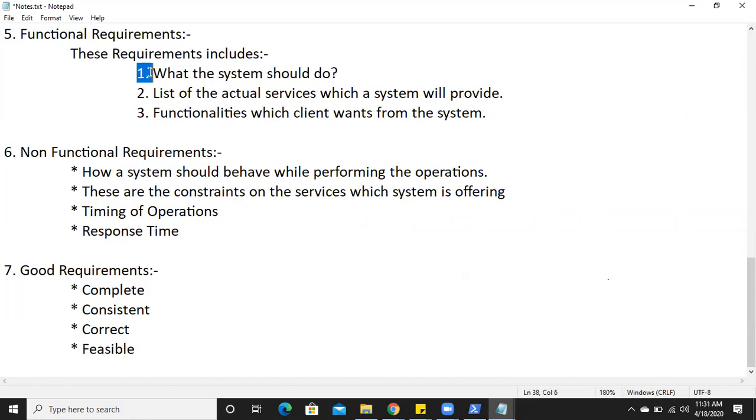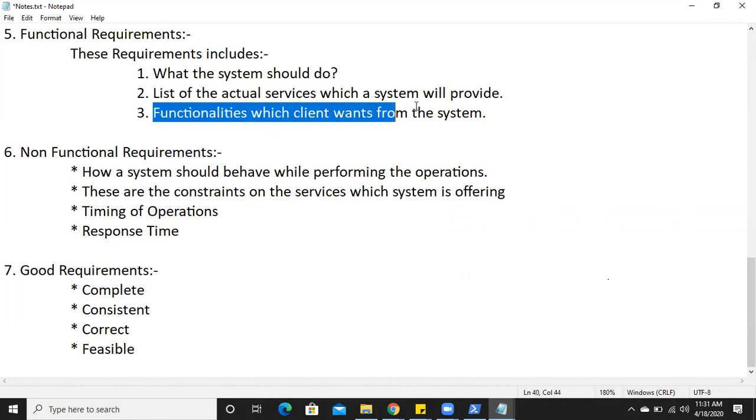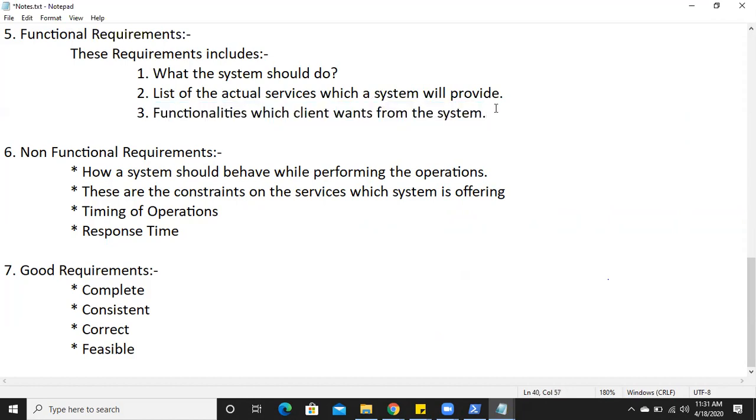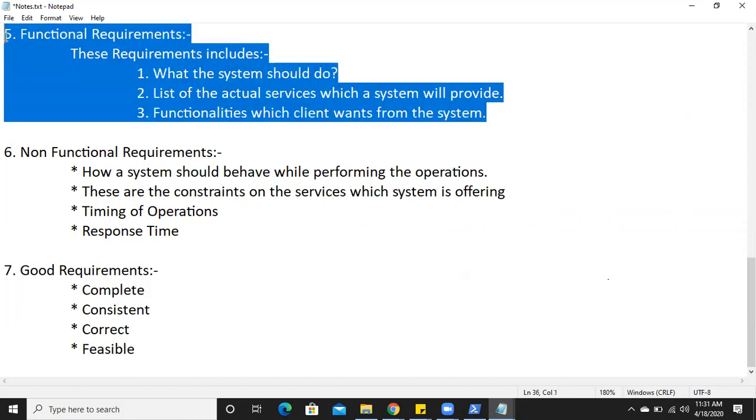This is also a functional requirement: the list of actual services, as in the example, the functionalities which the client wants from the system. I hope you are clear about functional requirements.